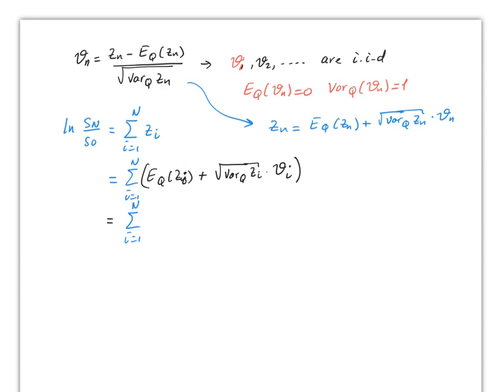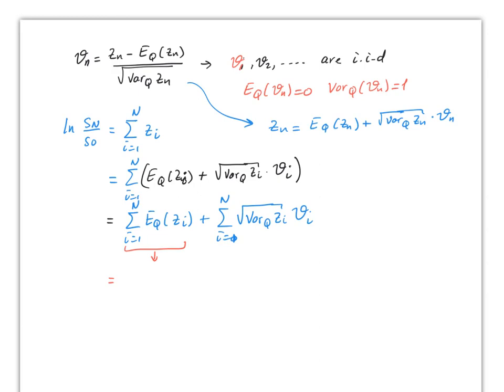You can break this into two sums, plus this sum to n of the square root of the variance with respect to q of Zi times epsilon i. So we already have this result.